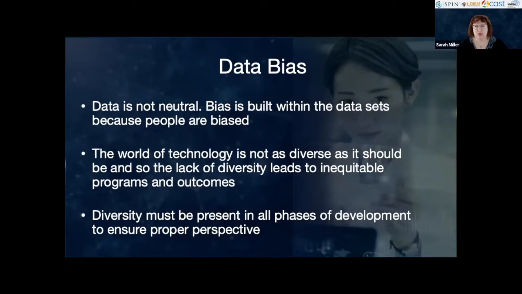So it doesn't account for the people who couldn't make it to their doctor's appointment because they didn't have transportation, or who never decided to go to a doctor because they don't have health insurance. All of those people are excluded from the data of who went to the doctor or who accessed healthcare. And so accounting for that bias and recognizing the bias is a first piece of how you have to start building for equity.